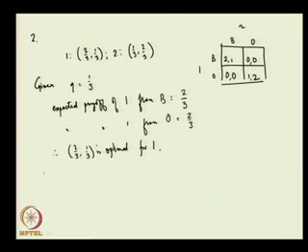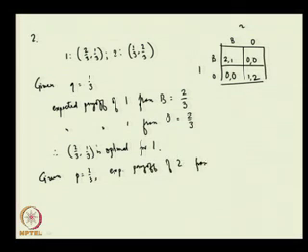Secondly, given P is equal to 2/3, expected payoff of 2 from B is how much? It is given by 2/3, and expected payoff of 2 from O is again 2/3.